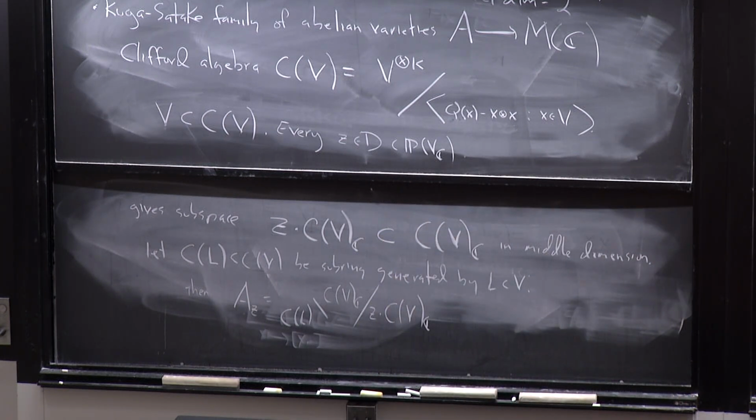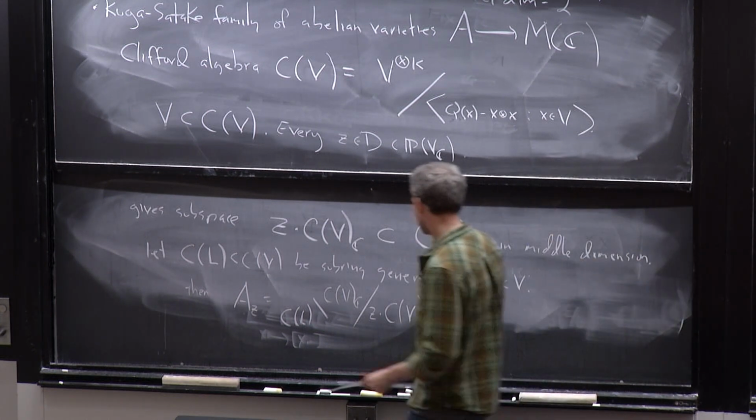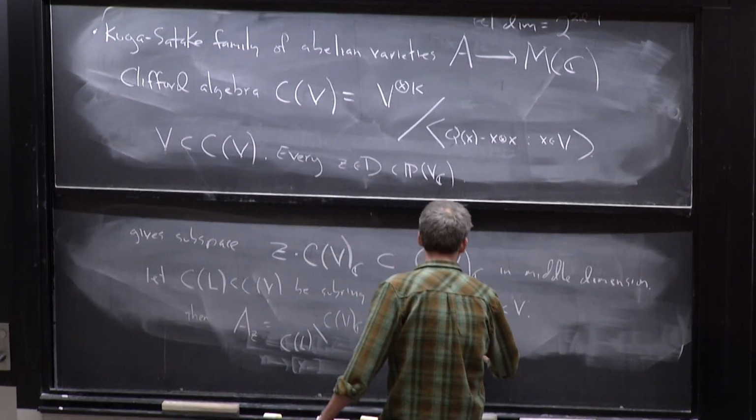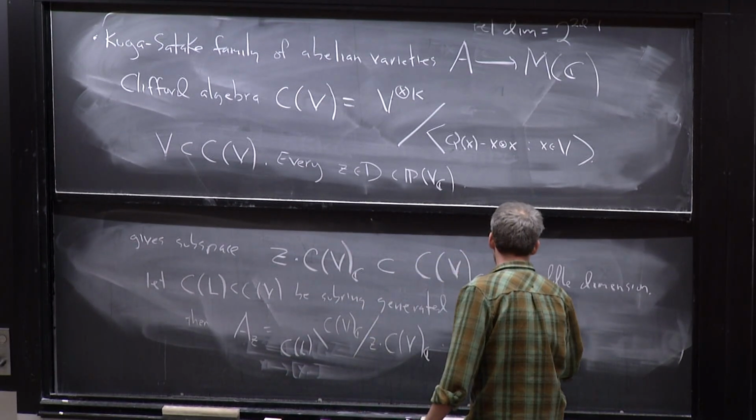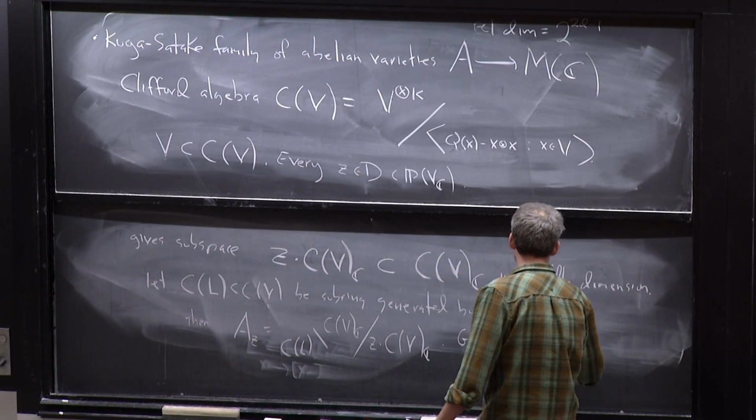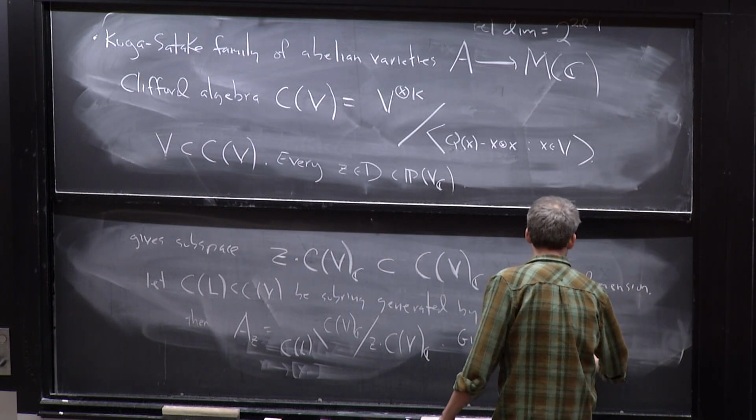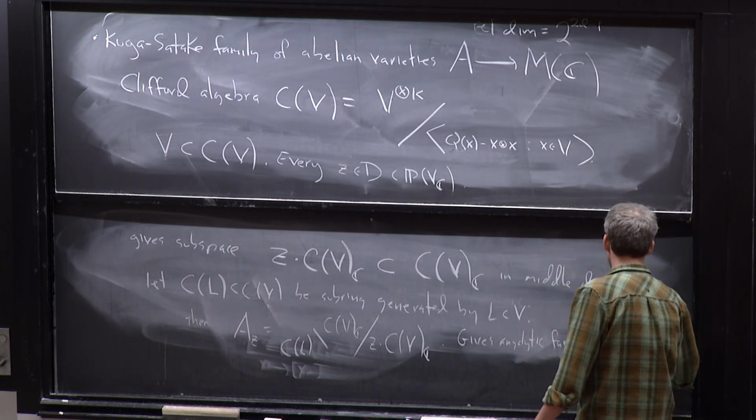It looks mysterious, but that's a complex torus. And so this gives an analytic family of complex tori living over this domain D.